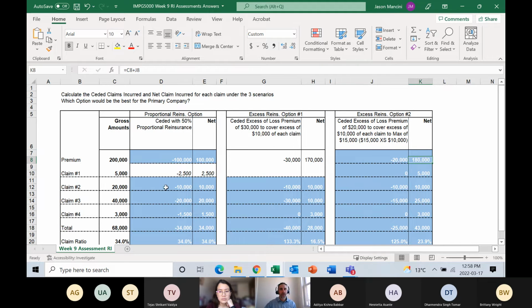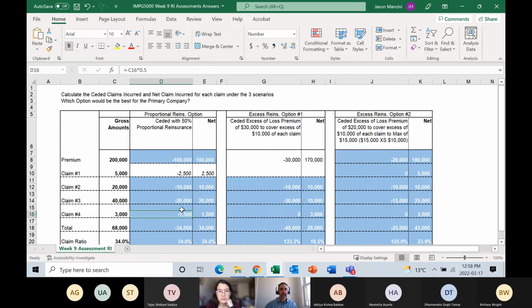The math for the proportional claims under each scenario is simple on this side in that we're going to be ceding out 50% of the claim in every case. Okay, so it's all the same. We share it evenly with the reinsurer.